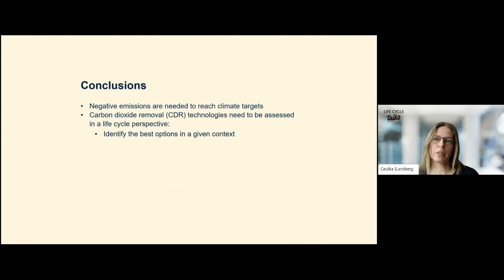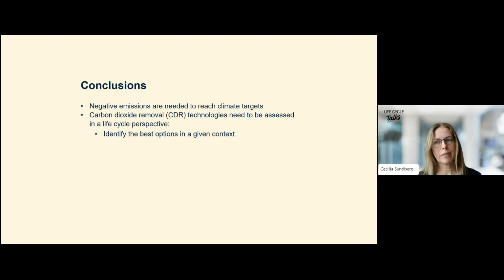So in conclusion, we do need negative emissions in order to reach climate targets. And these technologies that remove carbon dioxide need to be assessed in a life cycle perspective in order to identify the best options in a given context. And this means that we need to consider the multifunctionality, which provides potential synergies.